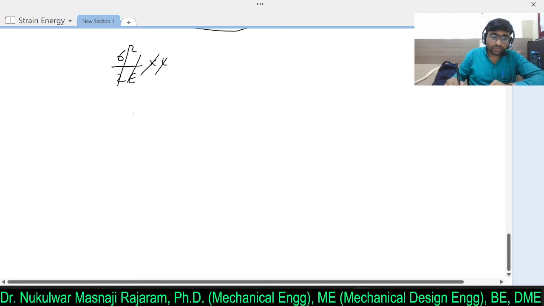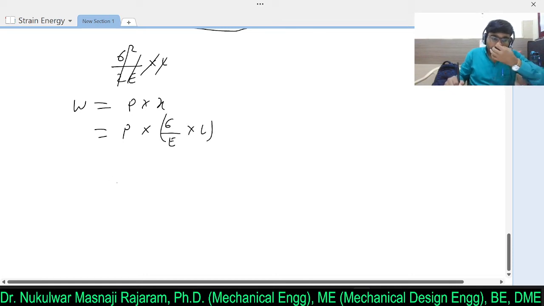So I will rewrite the expression, that is work done by sudden load, that can be written as p into x. So I will keep that p the same, and instead of x I will write stress divided by e into l. Clear? Now previously we derived the expression for gradually increased load, that is sigma square divided by 2 into v.